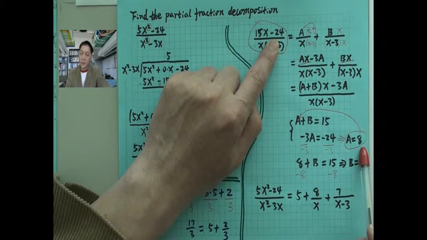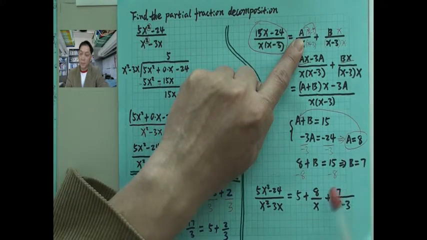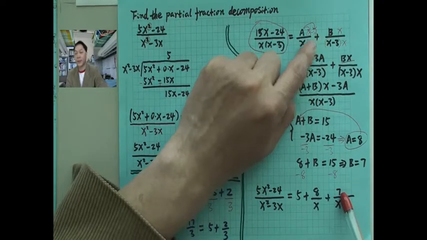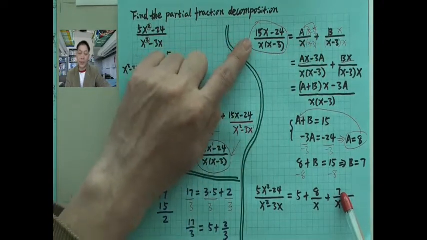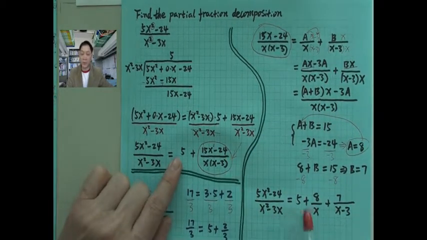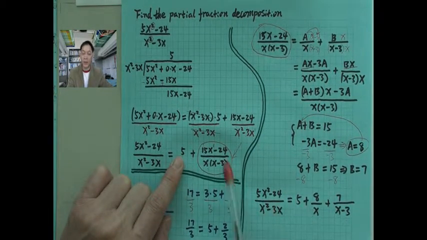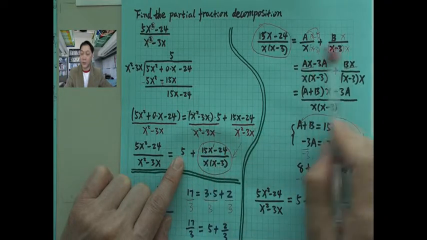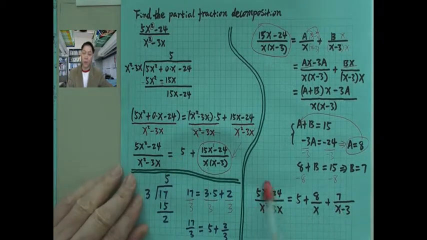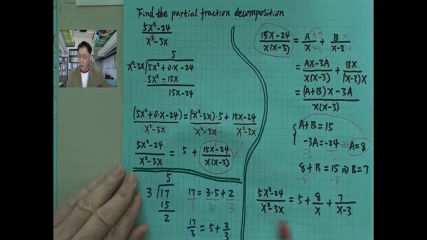So A is 8, B is 7. And then this part is actually this part, the 5 comes here. This one is decomposed into those two. Which are those two? A is 8, B is 7. So this one is decomposed like this.